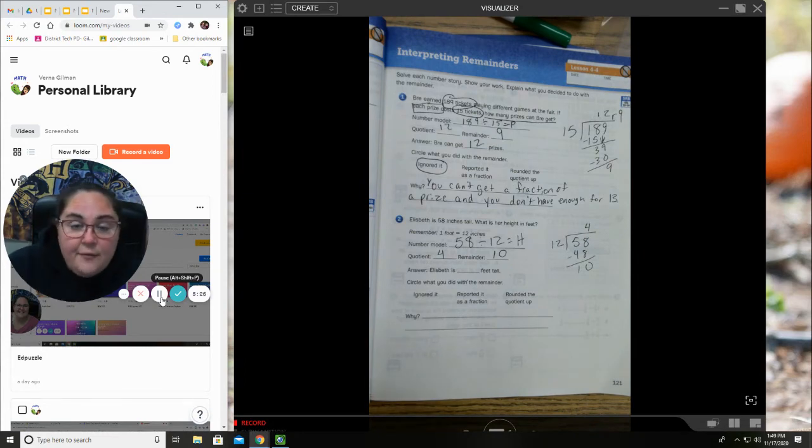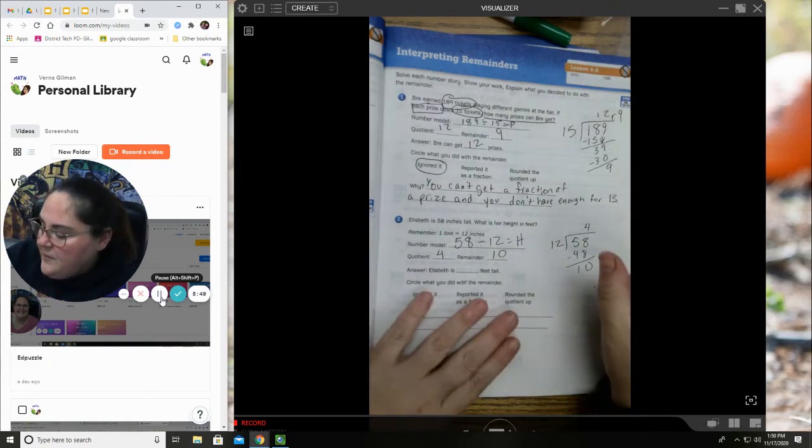Think about this. Can you be a fraction of a foot tall? What do you think? Find out how tall you think Elizabeth is. Is she 4 feet? Is she 5 feet? Did I round it up? Or is she a fraction? For this one, you can be a fraction of a foot tall.